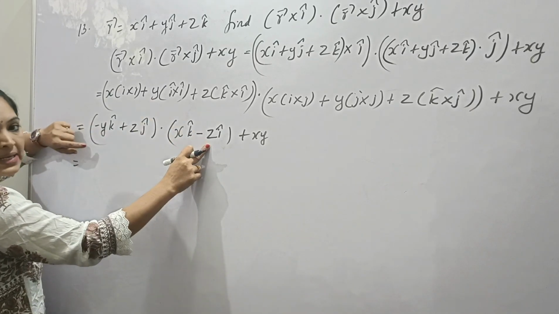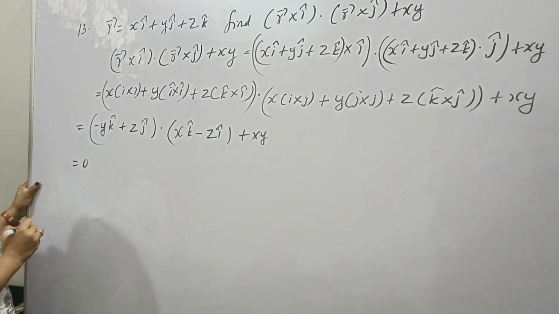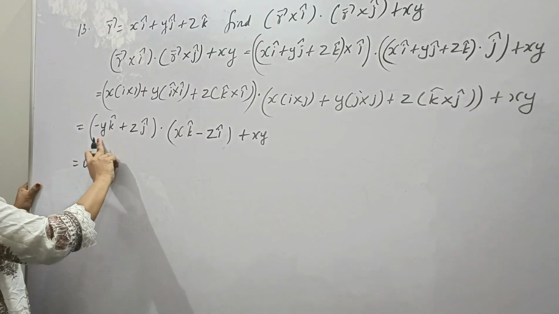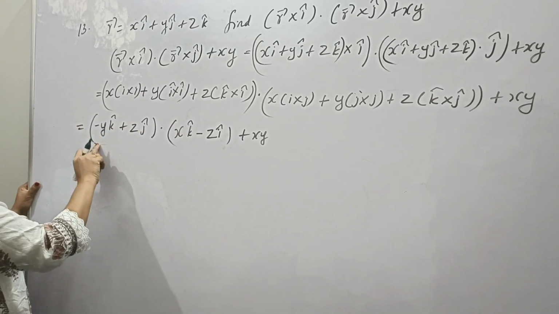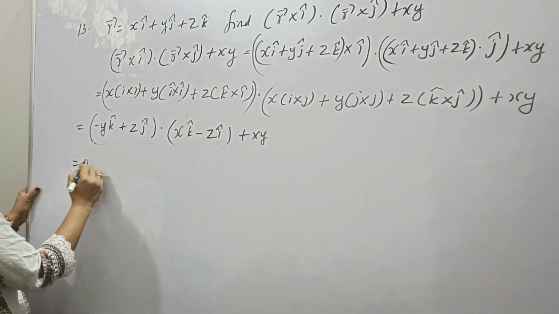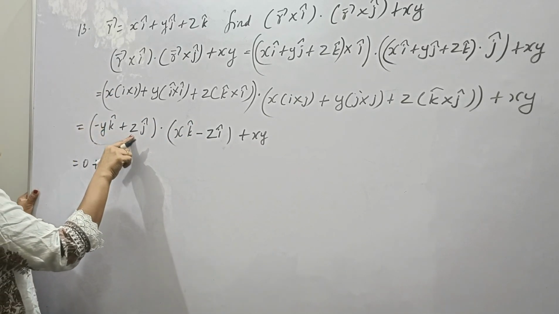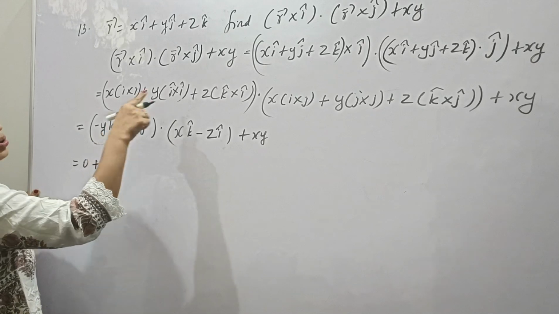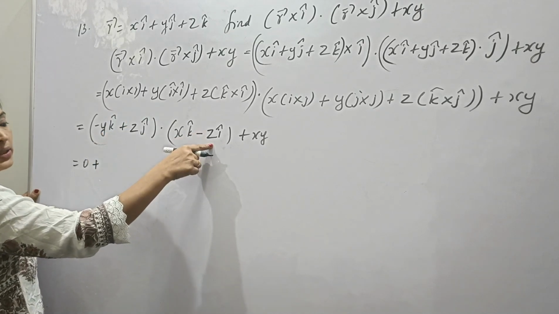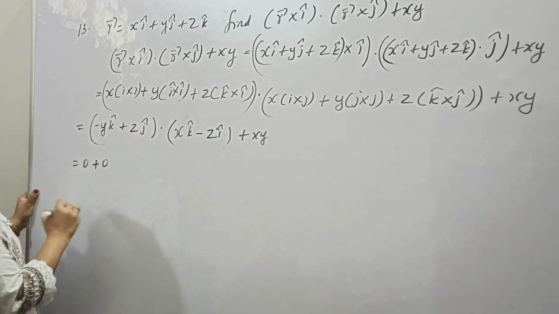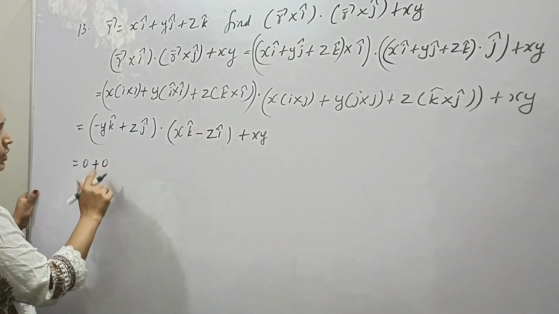0 into minus z, that is 0. 0 into here no i, therefore 0. Next, j component: z into here no j, that is 0. Z into 0 is 0.